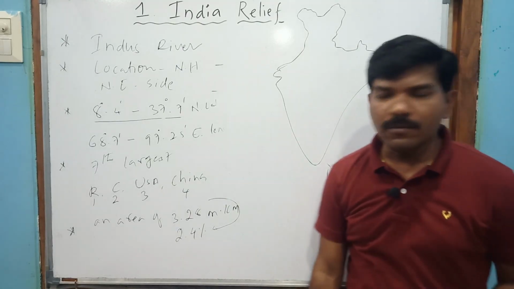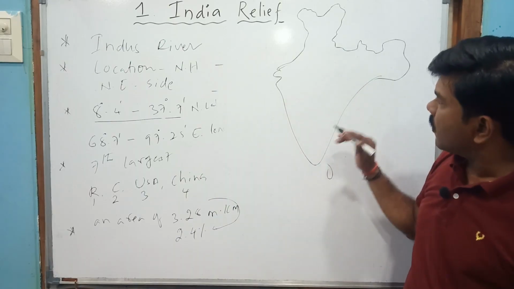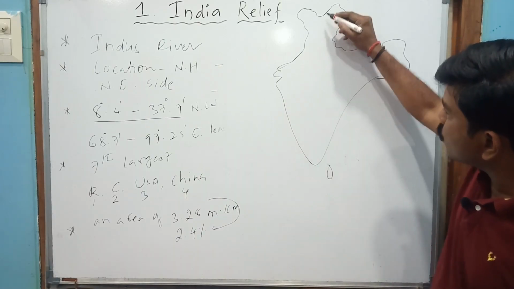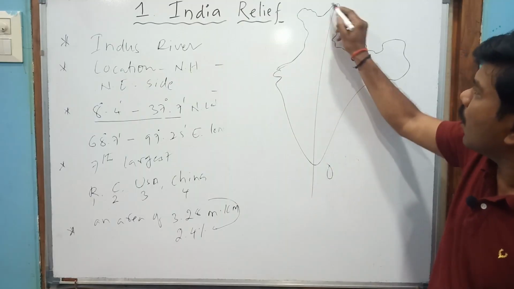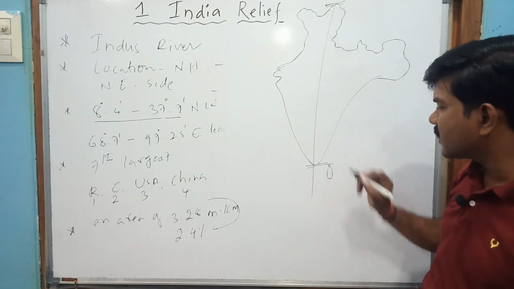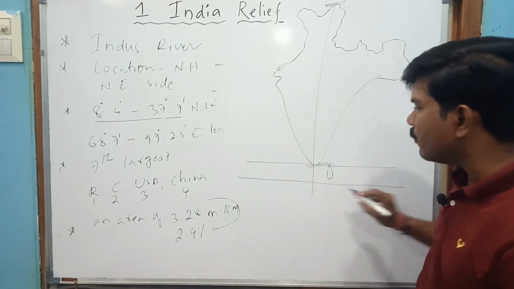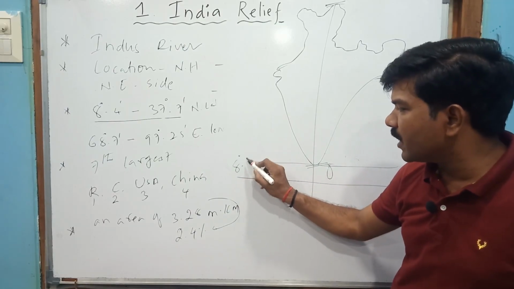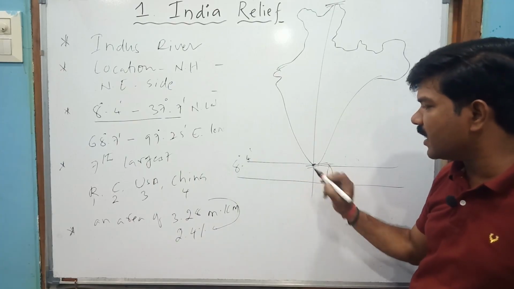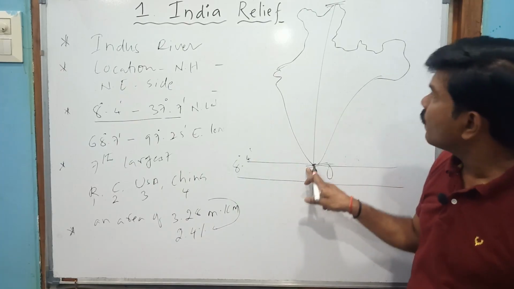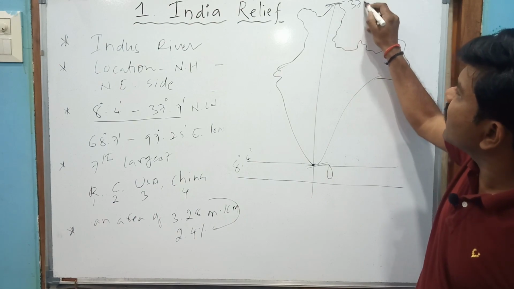As I said, India's latitude begins from 8 degrees 4 minutes at Kanyakumari, and goes up to 37 degrees 6 minutes.